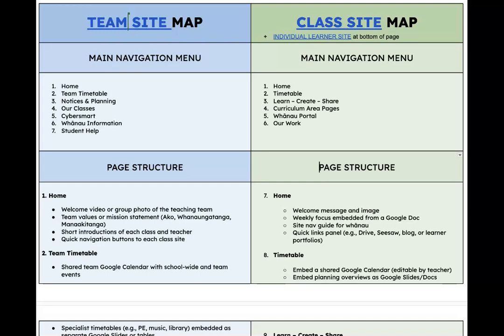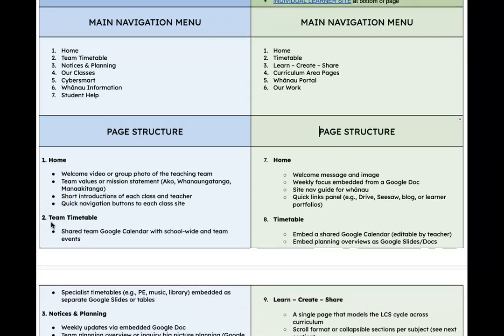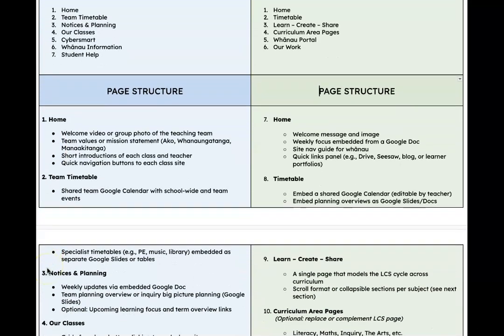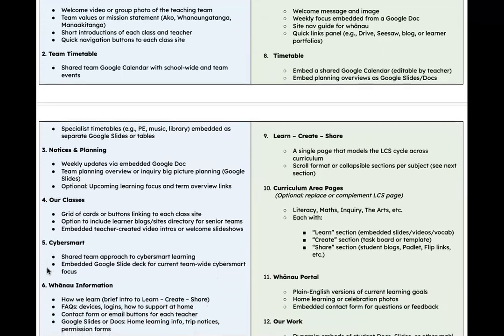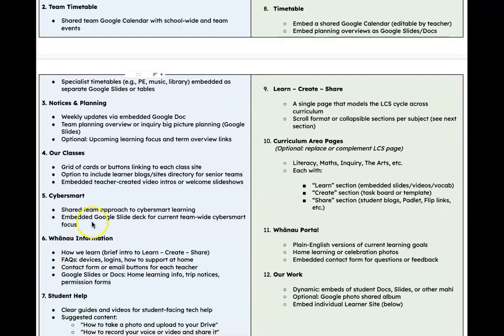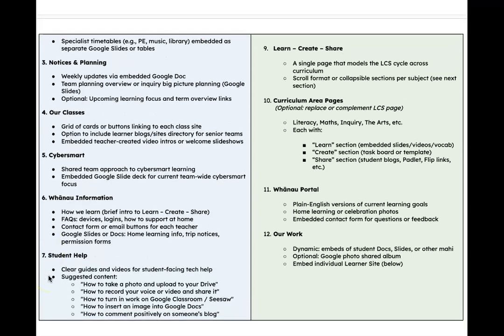Parents and learners can go into the team website, and you might have your main navigation menu, and these might be some of the headings that are on that page. Here are some ideas for the structure of the things that can go on each page. And having a shared team approach to cyber smart learning is a good idea as well. And I can always update those websites if I have access to them.